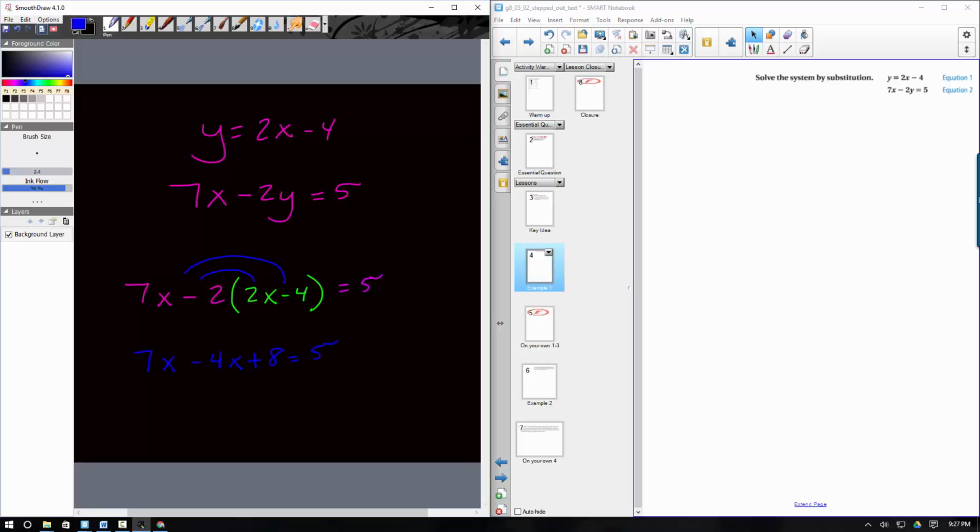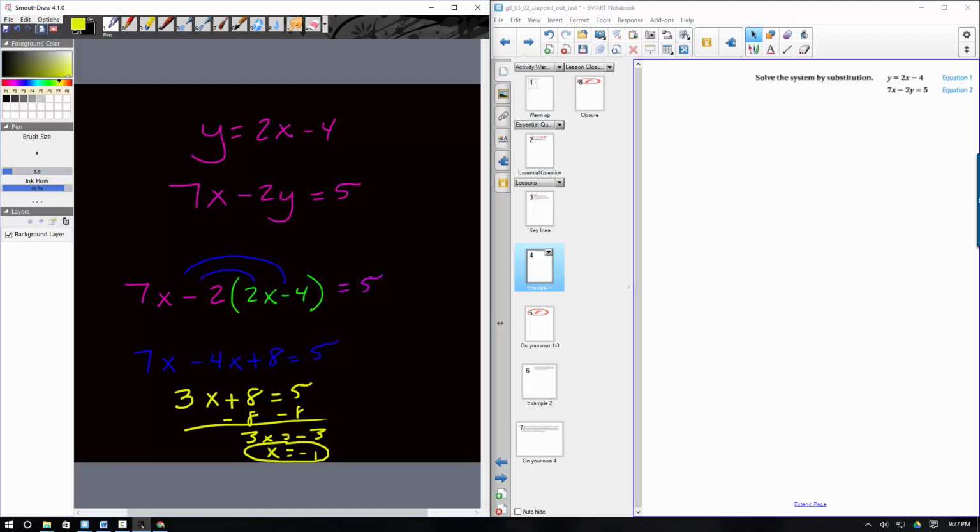And then I'll combine like terms, and I'll have 3x plus 8 equals 5. I'll subtract 8 from both sides, and I'll have 3x equals negative 3. So then x equals negative 1. So that's my value for x.